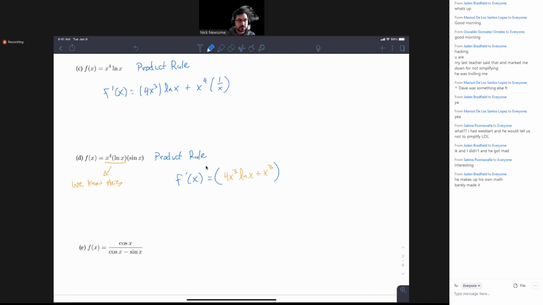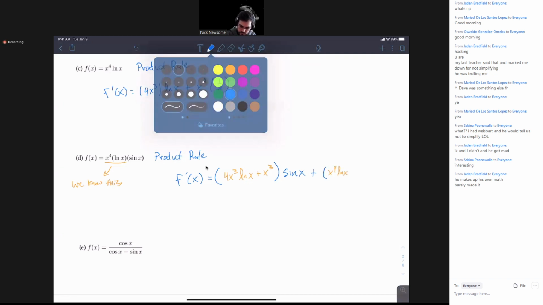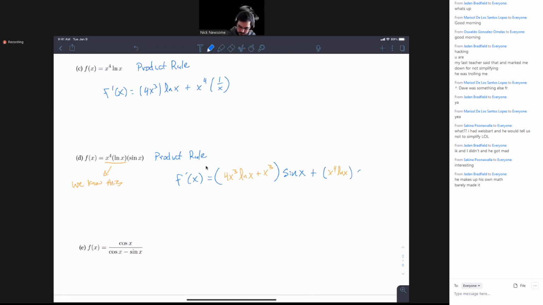Okay, so that's the derivative of the first one multiplied by the second one, plus the first one multiplied by the derivative of the second one. And the only thing we have to remember is derivative of sine is cosine.